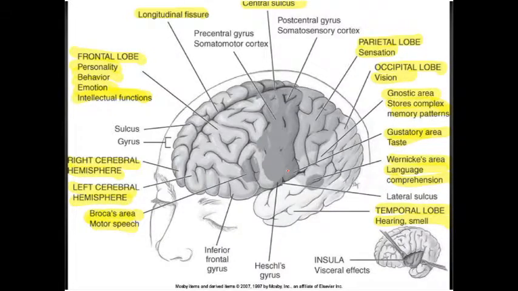So to demonstrate this, we have a basic layout of the brain. We have the lateral sulcus here, the longitudinal fissure, and then the central sulcus, which is creating this division here.